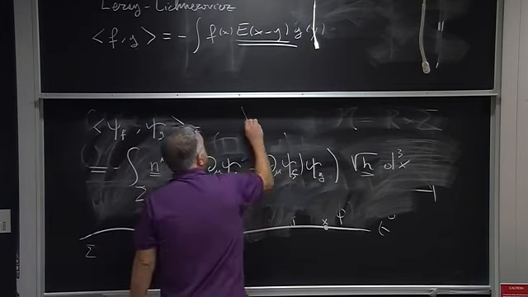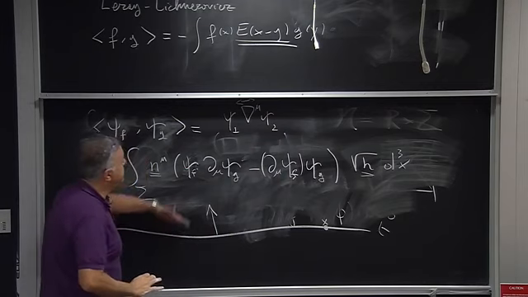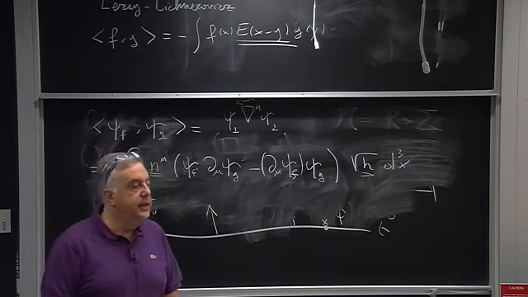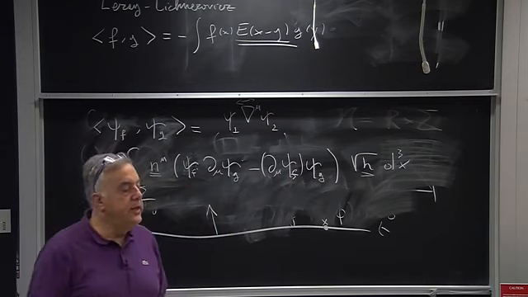This is a conserved current that you integrate on a surface, and you can transport it by using the Stokes theorem. So there's no difference between this and this, provided you add the hypothesis of global hyperbolicity.